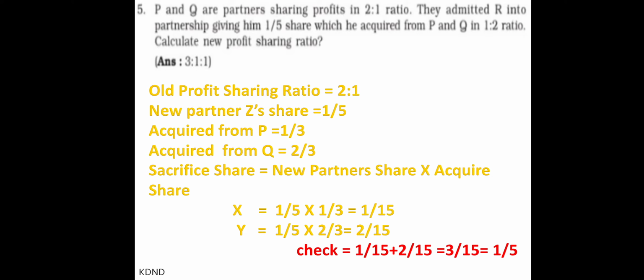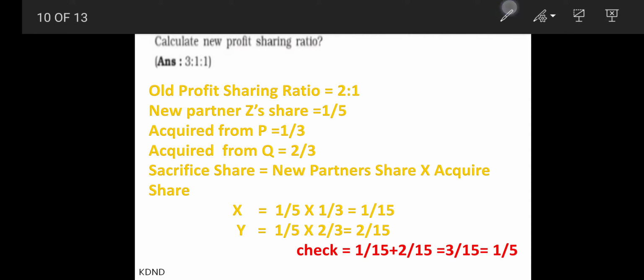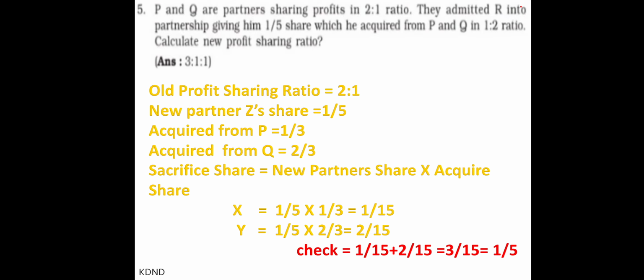In this sum, the acquired share ratio is given, so we follow the same procedure: new partner's share multiplied by acquired share, that is 1/5 multiplied by 1/3 and 1/5 multiplied by 2/3. Every time check that the sacrificing shares total should always equal the new partner's share. This is a key point for getting the correct answers.